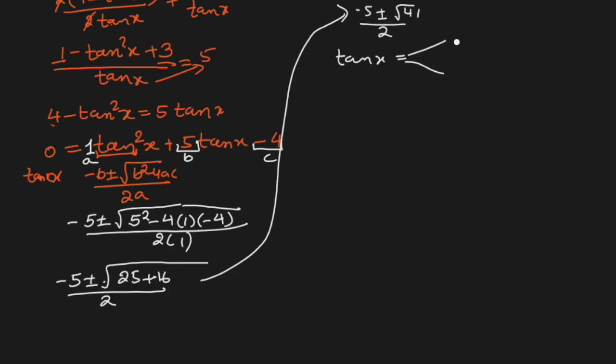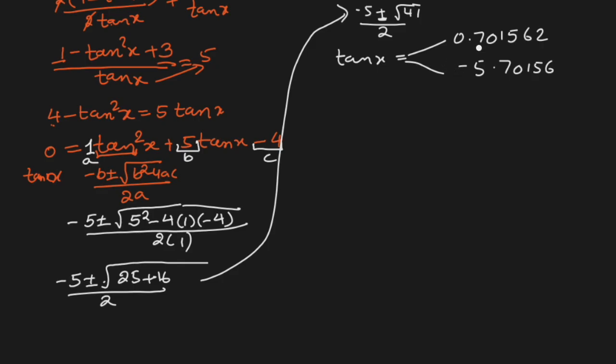The one which has plus, if I use my calculator, I get 0.701562, and if I choose the minus, I get negative 5.70156 and more digits, but we'll use this one.